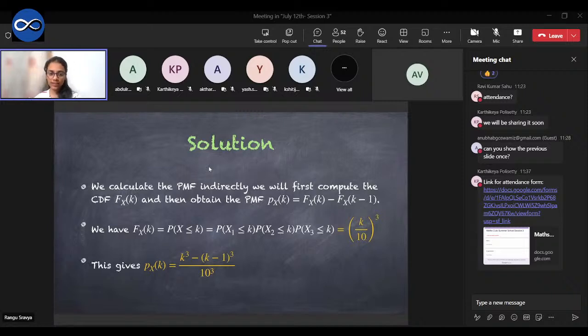So the probability that X is less than or equal to k is (k/10)^3, which is F_X(k). Now F_X(k minus 1) will be (k minus 1)^3 by 10^3. So we can find P_X(k), which is the PMF, by subtracting F_X(k minus 1) from F_X(k), which gives (k^3 minus (k minus 1)^3) by 10^3. This is a good application of finding the PMF from the given CDF.